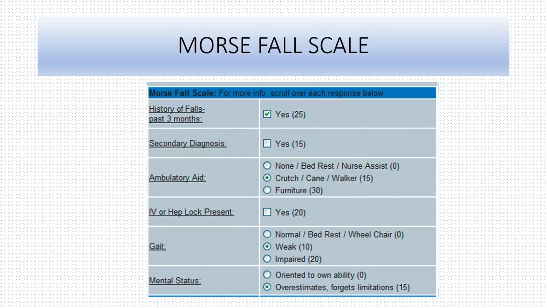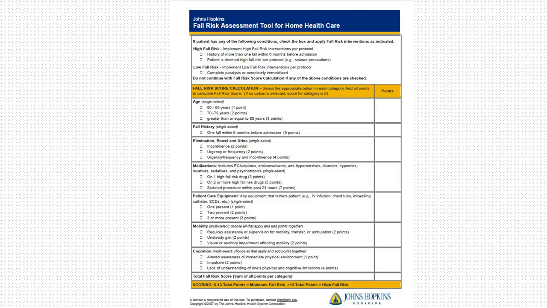Patients who are dragging around oxygen or intravenous catheters or urinary tract catheters. You want to evaluate their gait and determine whether their gait is normal, weak, or impaired, and then their mental status. Do they seem to have psychological or mental issues such that you would anticipate a higher risk for falls?